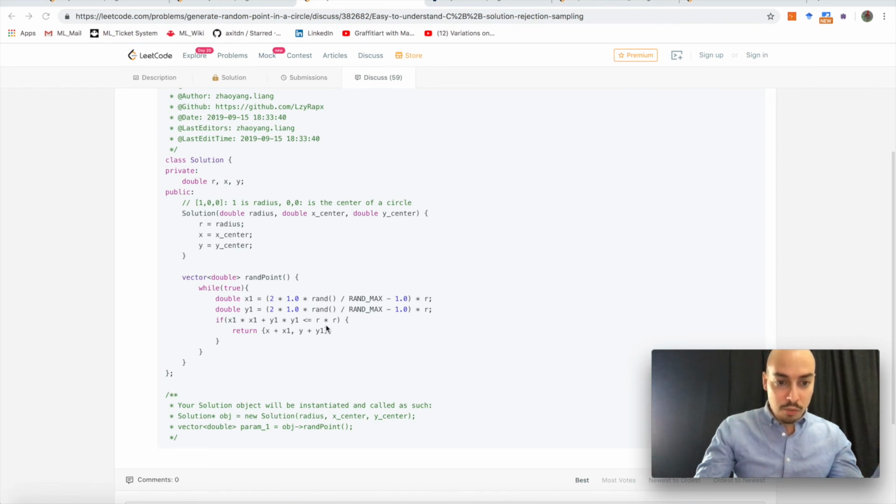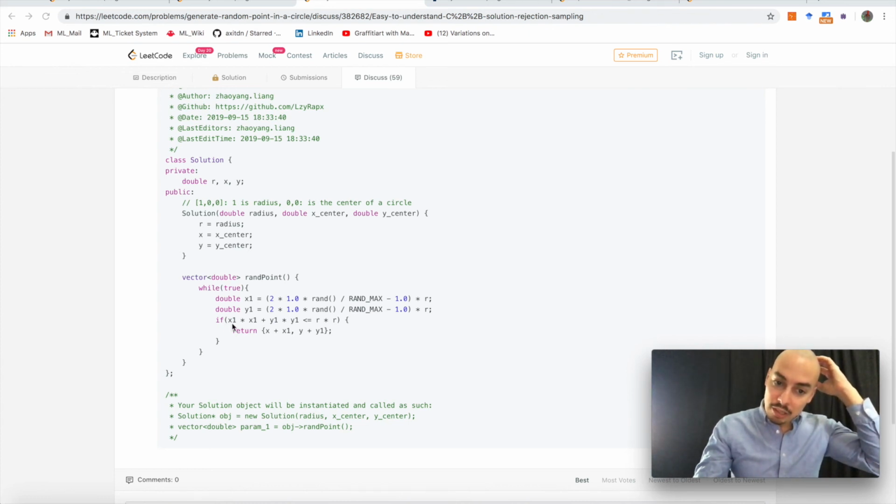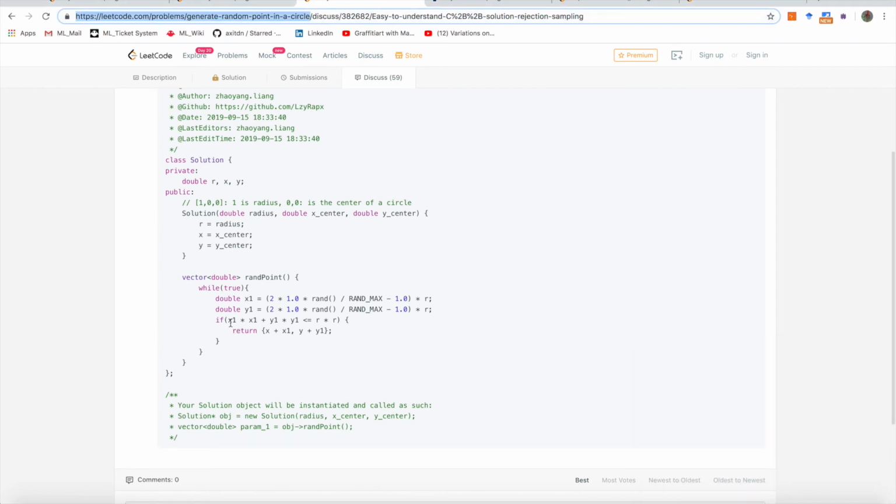And what he ends up doing here is basically only to check, if you're doing the Euclidean distance from the origin of your randomly sampled point, if that Euclidean distance is within the circle, meaning if x1 squared plus y1 squared is smaller or equal to the radius squared.